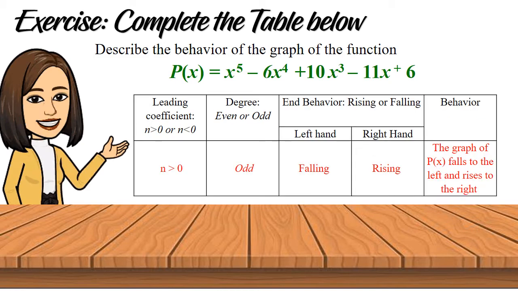The leading coefficient of our polynomial function is 1, that is greater than 0. The degree is odd, so the end behavior of our graph is the following. The left-hand side is falling and the right-hand side is rising. Therefore, the graph of our polynomial function falls to the left and rises to the right.